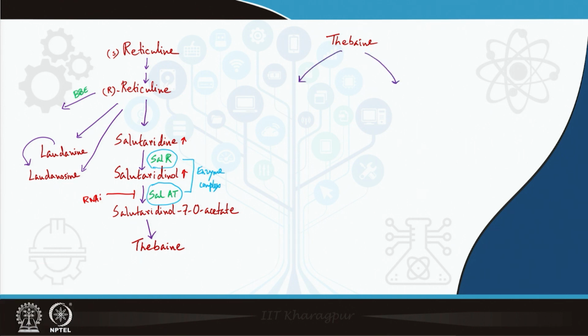One pathway from thebaine makes neopinone, this is an unstable intermediate, and then it moves further and makes codeinone.